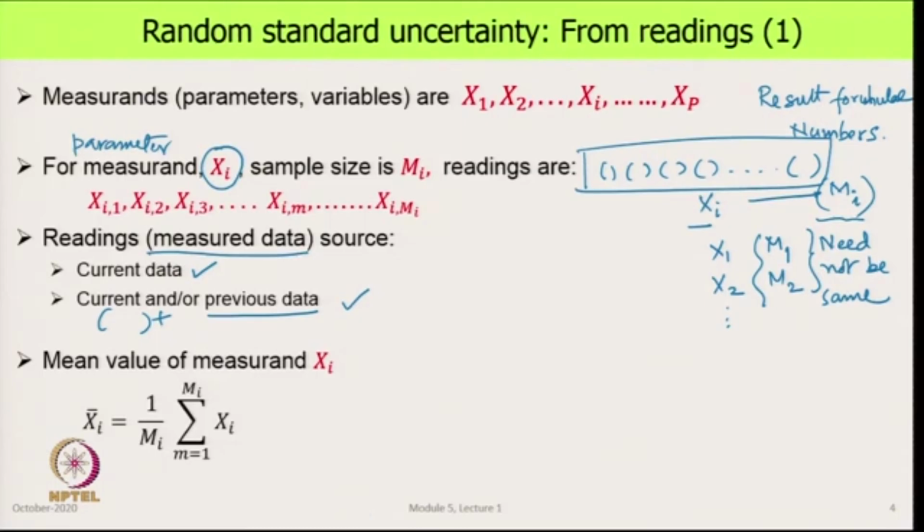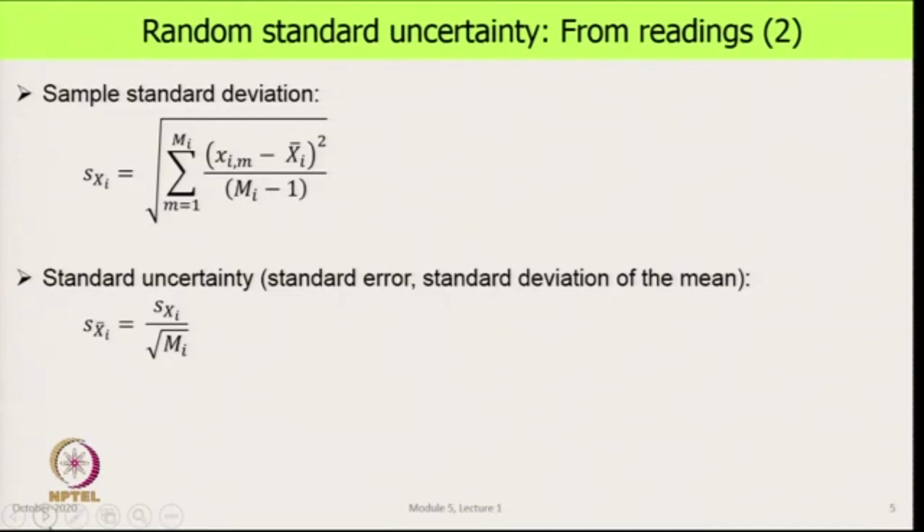And then we perform a few statistical operations on this. The first one is to calculate the mean value xi bar, which is the same standard formula that we have come across in school and many other courses, the arithmetic mean. We also call this the nominal value. Then we calculate the sample standard deviation S xi, again the same formula that we saw in school and in earlier basic courses.